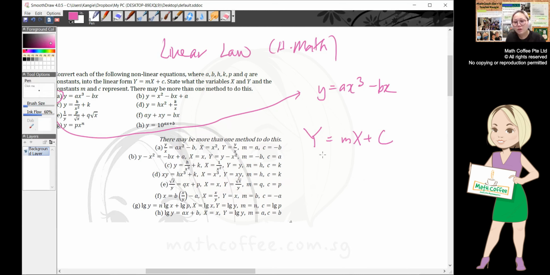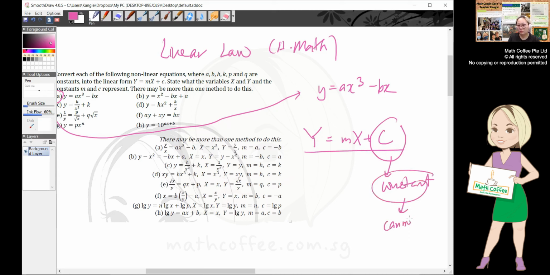That's the difference. So over here, you can see that this plus C must be a constant. In other words, constant means you cannot have x or y inside. And then the big X can have x and or y.